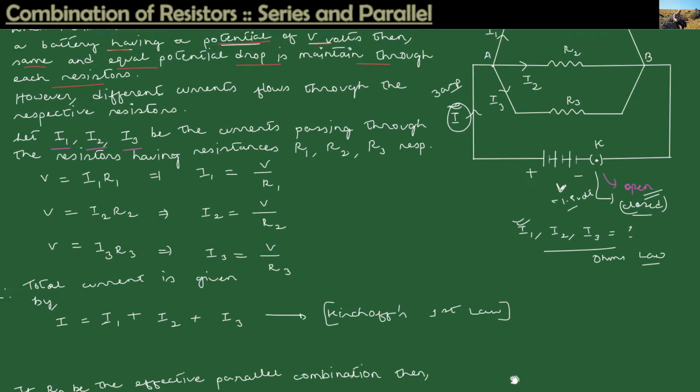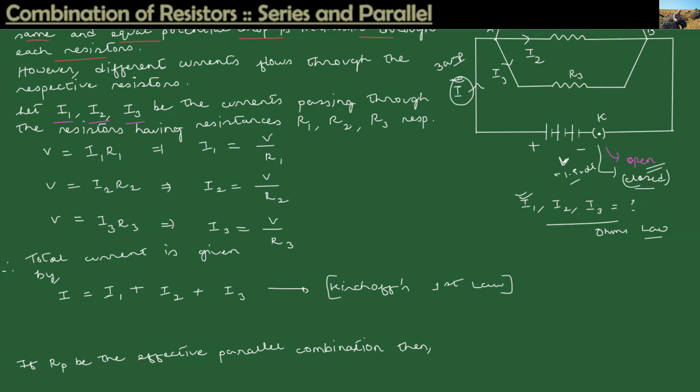Then from here we can also write down the value of I1. What is I1? I1 will be V divided by R1 plus V divided by R2 plus V divided by R3.